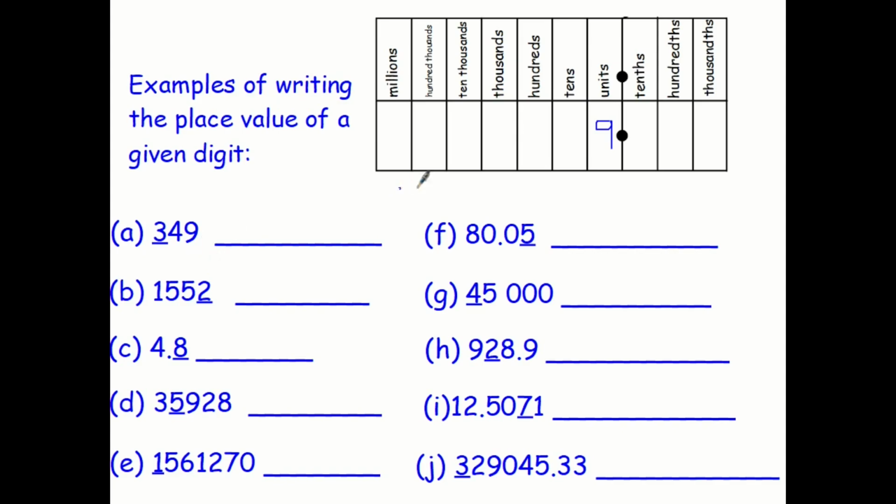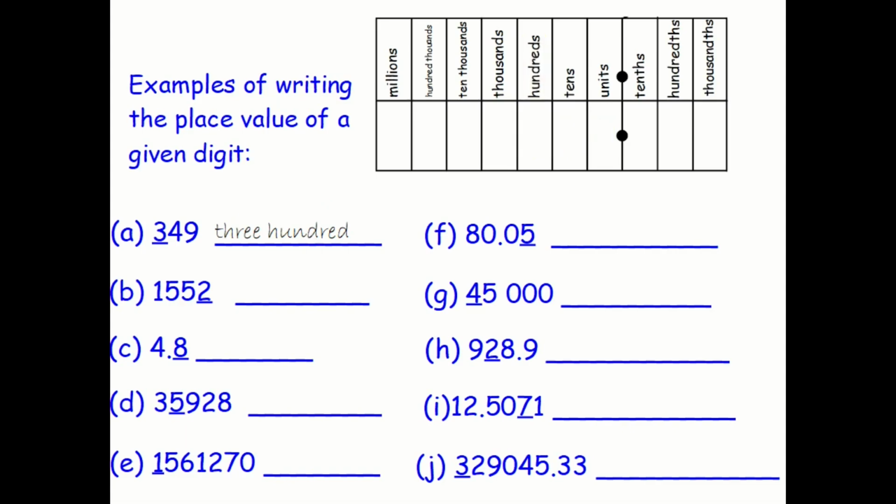So use the units column, or in some cases the decimal point, as your reference. So I'm going to work backwards. So 9, 4, 3, 349, and I can see that the 3 is in my hundreds column here. So the 3 is in the hundreds column, so I say that the place value of that digit is 300.